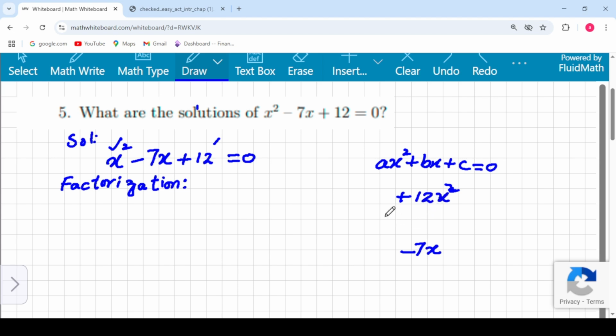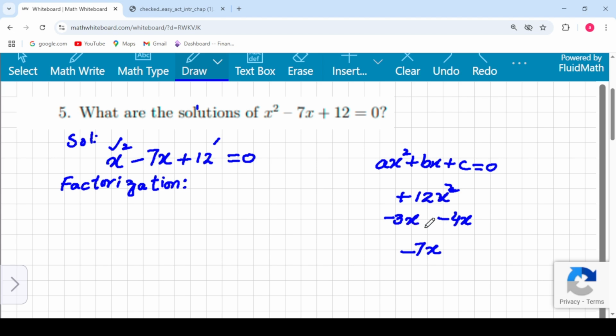So here, I will write minus 3x and minus 4x; I am breaking minus 7x into two parts. The two parts will be minus 3x and minus 4x.